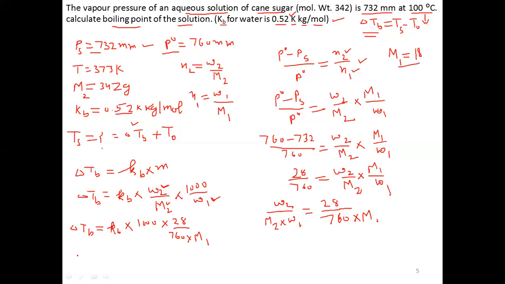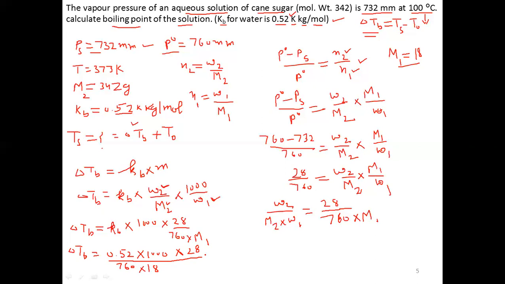So delta TB is equal to, what is KB? The value of KB is given as 0.52, so 0.52 into 1000. It was an easy numerical. Now we just put the values, 28 divided by 760 into 18.